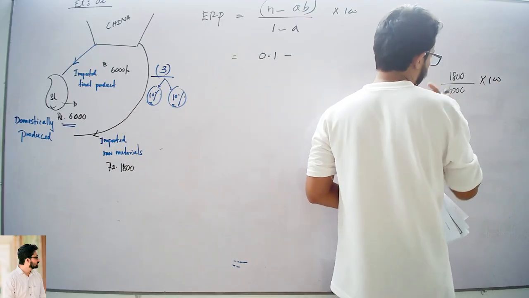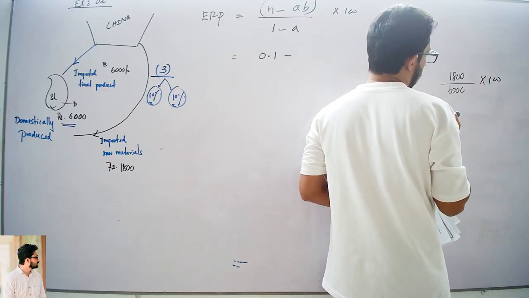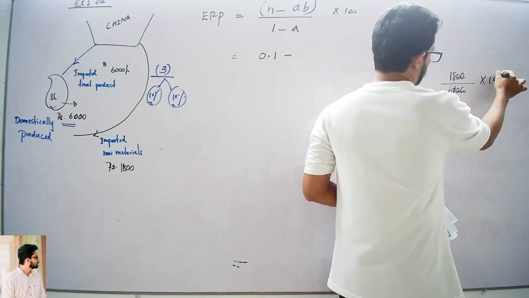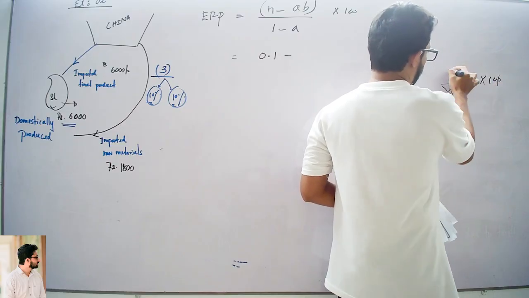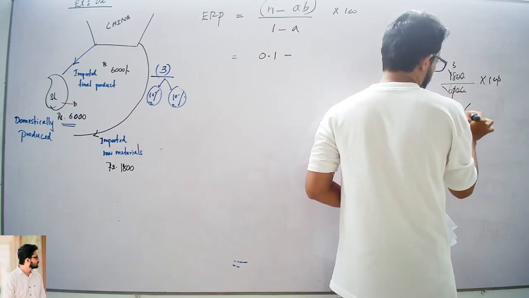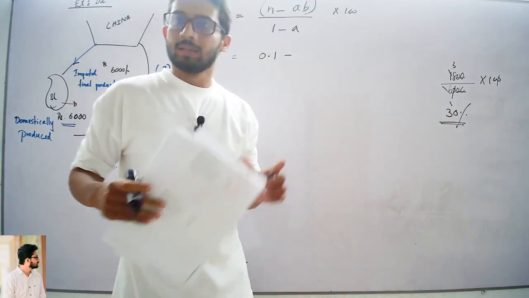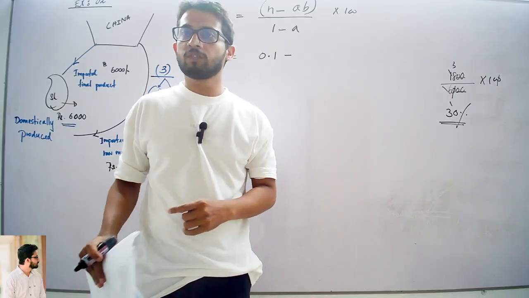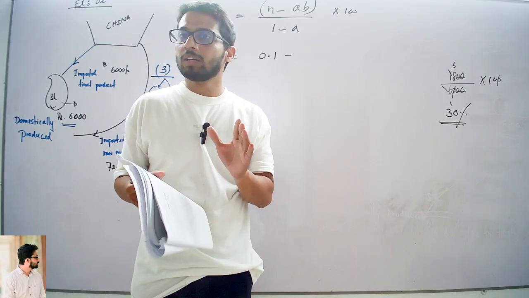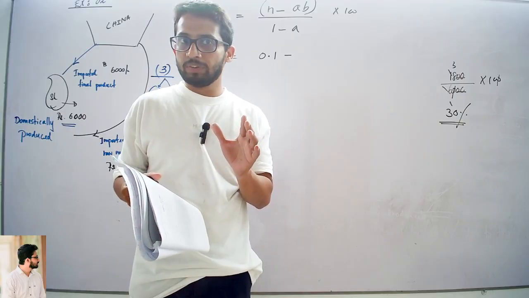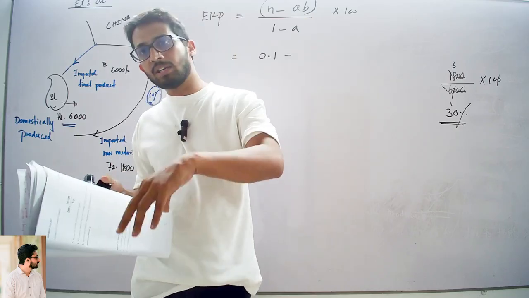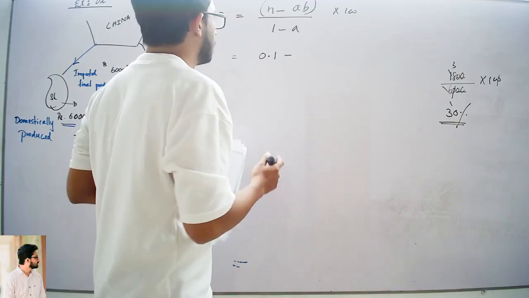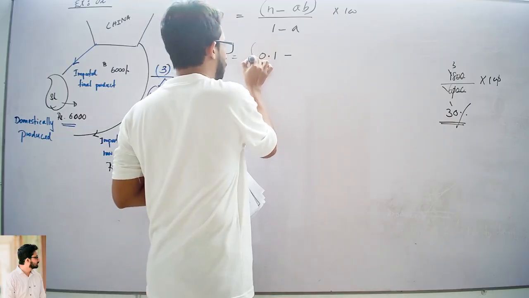Now how much? 30%. What does it mean? Our domestic product includes 30% imported raw materials in the final product. That is the idea. Then be very careful.